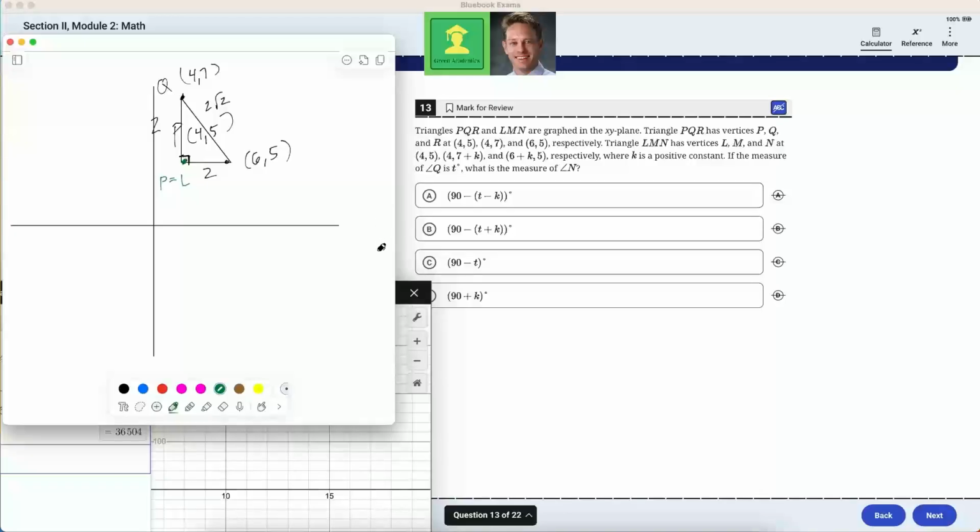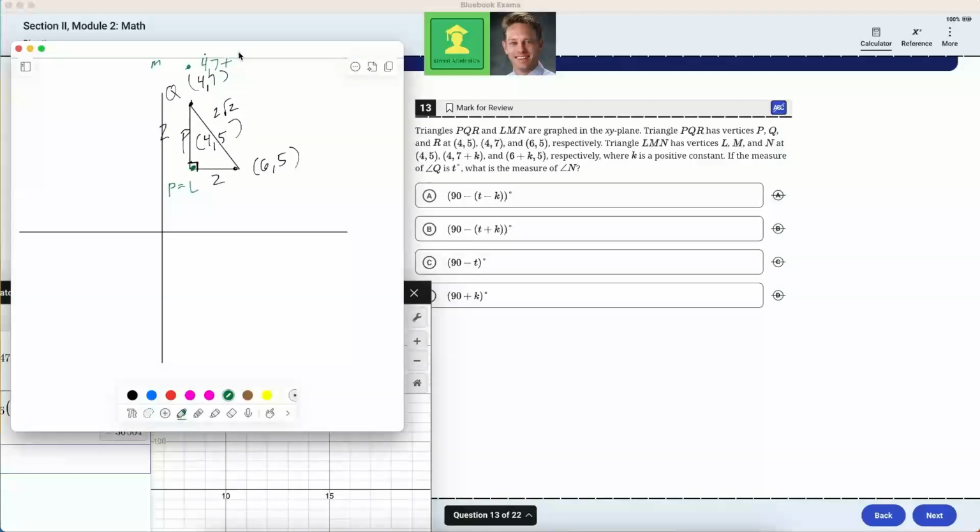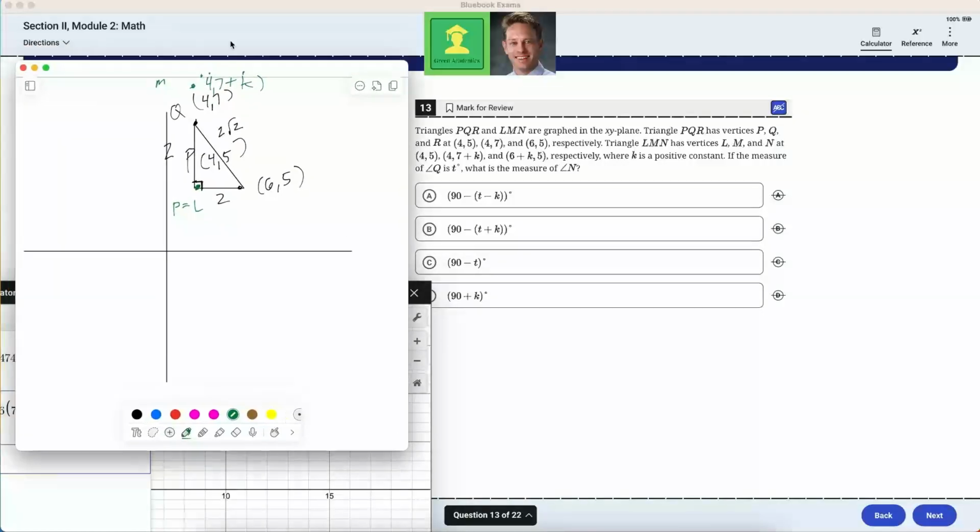M is 4 comma 7 plus K. So here's M as in Mary at 4 comma 7 plus K. And then N is at 6 plus K comma 5. K is a positive constant. If the measure of angle Q is t degrees, what is the measure of angle N?